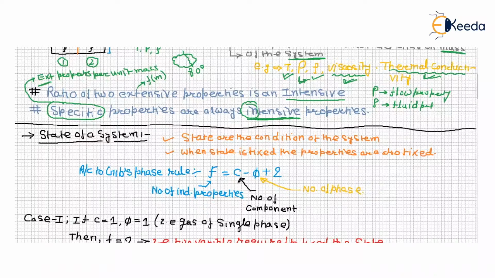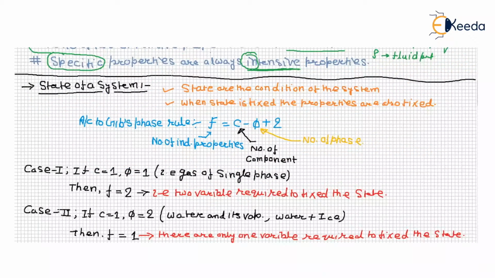Practically, you are unable to define such a big list of properties. So in the state of the system, we define the minimum properties. What is the motivation of this state of the system?